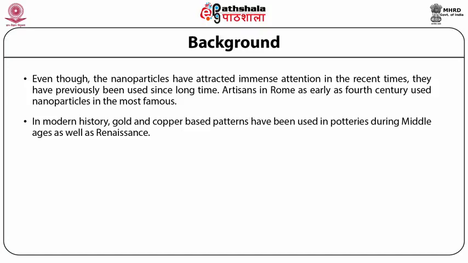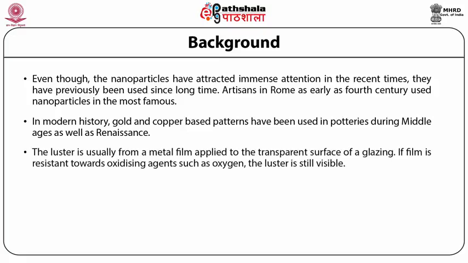In modern history, gold and copper-based patterns have been used in potteries during the Middle Ages as well as the Renaissance. The luster is usually from a metal film applied to the transparent surface of a glazing. If the film is resistant towards oxidizing agents such as oxygen, the luster is still visible.